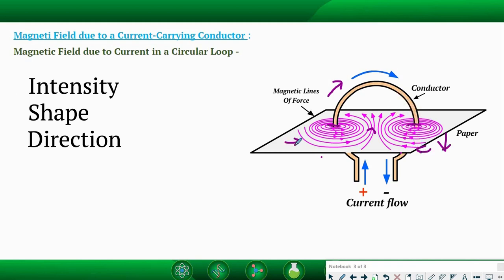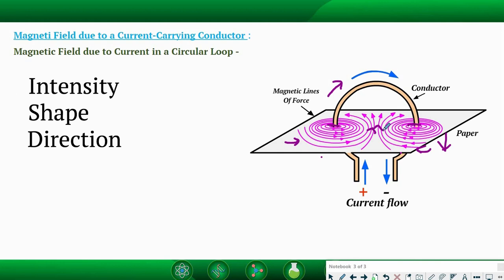So at these 2 points we find that the direction of current is different, so also the direction of magnetic field is different. But when it comes to the center, we will see the direction of magnetic field due to both the points is the same. So we can say that every section of the wire contributes to the magnetic field lines in the same direction within the loop.